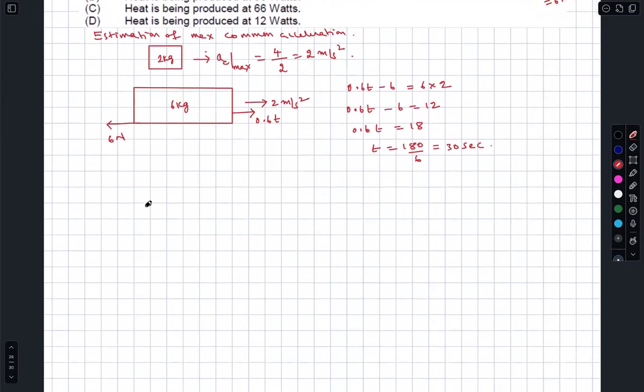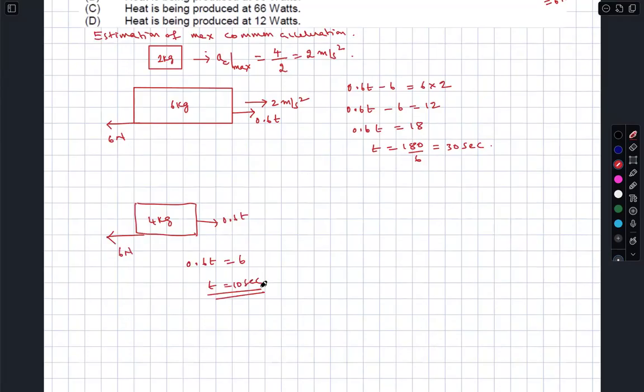And by the way, initially also, your 4 kg block will experience, as a whole, the entire system will experience 6 newtons of force. Unless 0.6t is greater than or equal to 6, means t = 10 seconds, the system won't move.